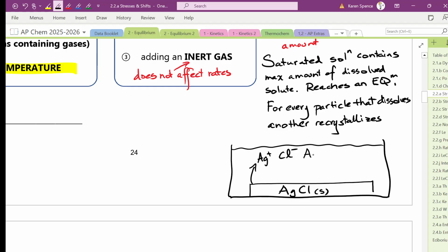But then another particle, Ag+ and Cl-, they will reform. Okay, and I'm not going to write all the ions, but you have the opportunity to dissolve not just over here, but you can dissolve here and here and here and here and here.